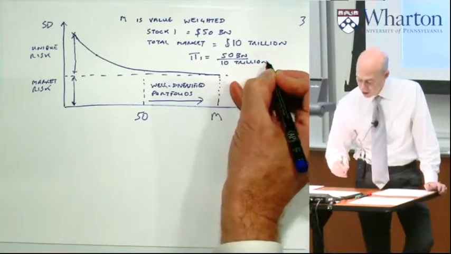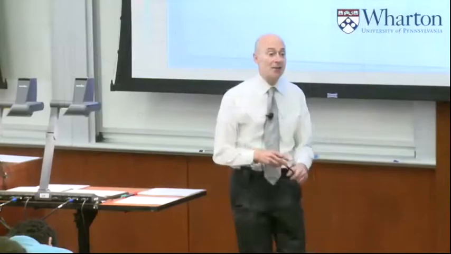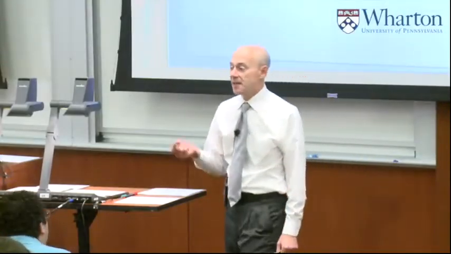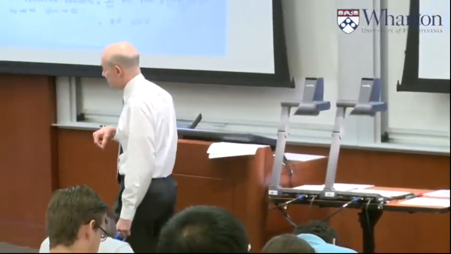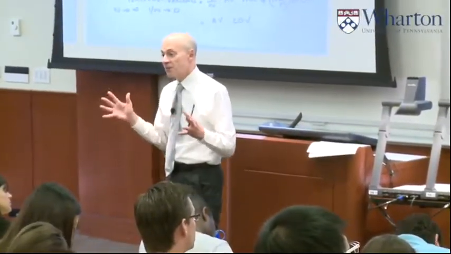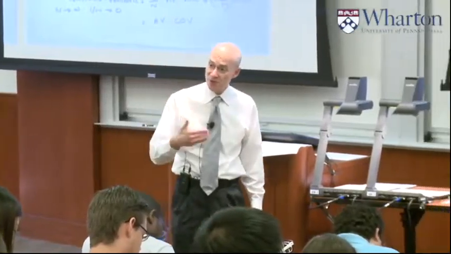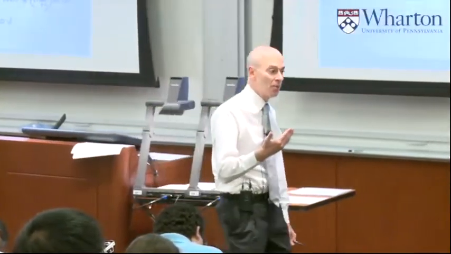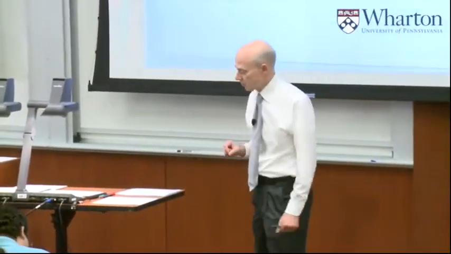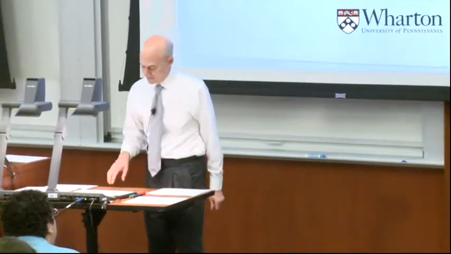If stock 2 has an aggregate value of 90 billion, then Pi 2 would be 90 billion over 10 trillion. So we're just value weighting. It's the proportion of the value of the stock to the total market, which determines the proportion in M.